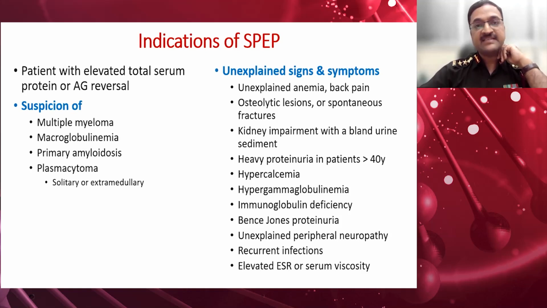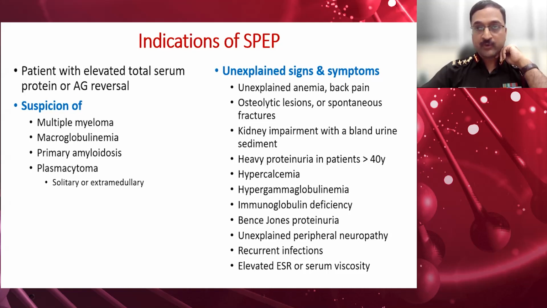Lastly, at the bedside medicine, individuals who have unexplained anemia, backache, osteolytic lesions, spontaneous fractures, kidney impairment with bland urine sediment, those individuals who have heavy proteinuria, particularly above 40 years of age, individuals with hypercalcemia, hypergammaglobulinemia, immunoglobulin deficiency, particularly hypogammaglobulinemia, Bence-Jones proteinuria, unexplained neuropathies, recurrent infections, and those individuals who have mega ESR defined as more than 100, and a patient with features of increased blood viscosity, repeated headaches, nausea, and associated giddiness are those individuals whom you can subject to protein electrophoresis.